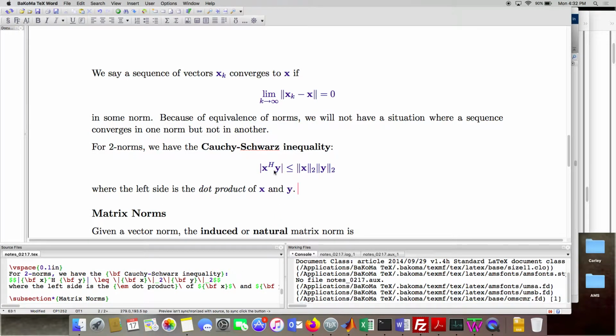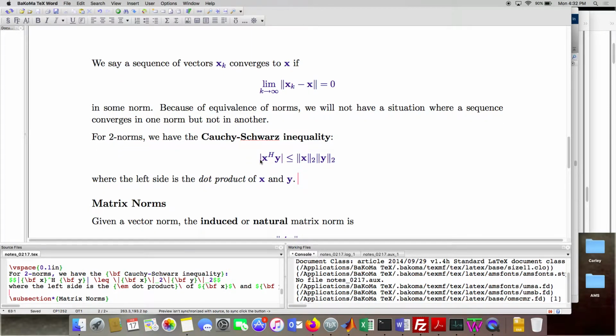Here H is the Hermitian transpose. I have to use that in the case of x and y being complex. Otherwise, I would just use a transpose. Here we have a dot product where if it's complex, you have to take a complex conjugate of one of the vectors involved, by convention, the left vector. So the magnitude of a dot product is less than or equal to the product of the magnitudes.